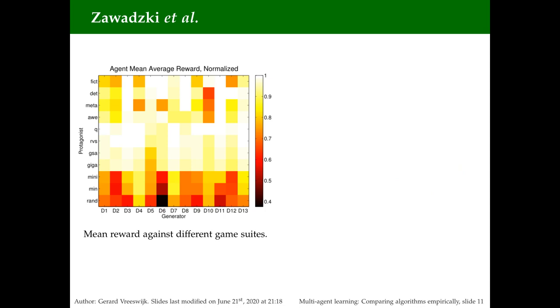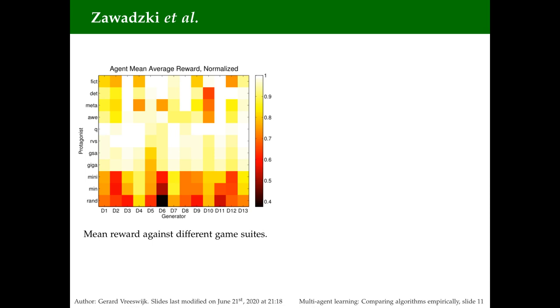Performance was also compared through heat plots. So one of those heat plots has on the x-axis all game suites. The algorithm is tested on all games in suite 1, which is the suite of all random games, and this is the suite of all Cournot oligopoly games, and so on.